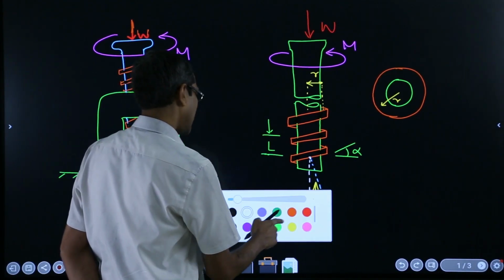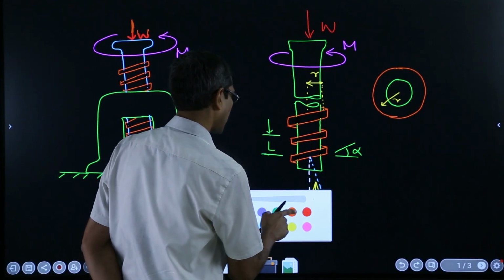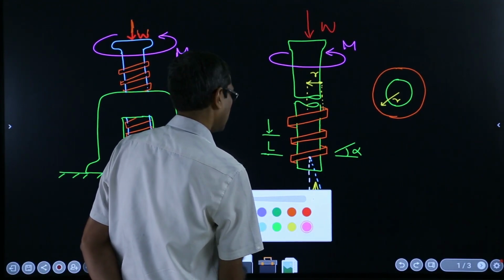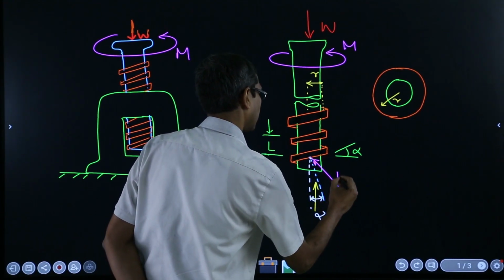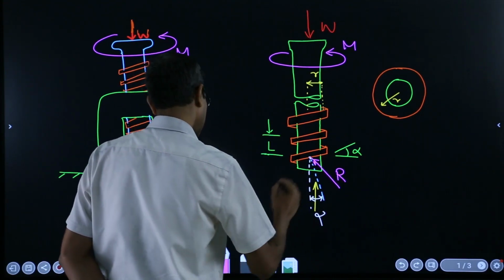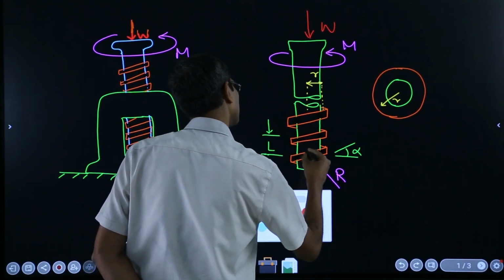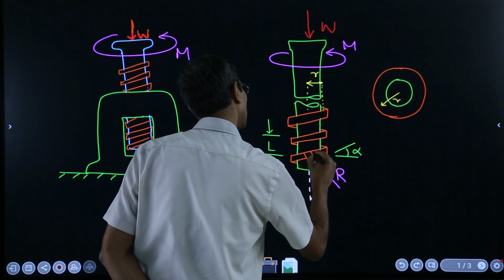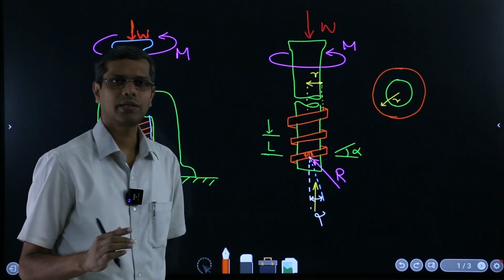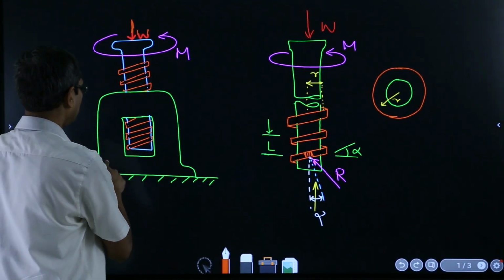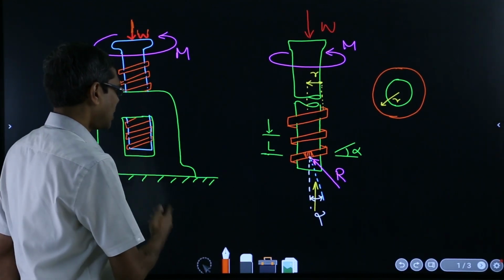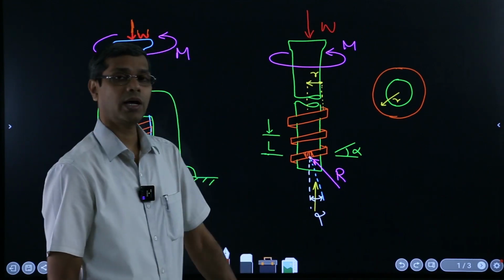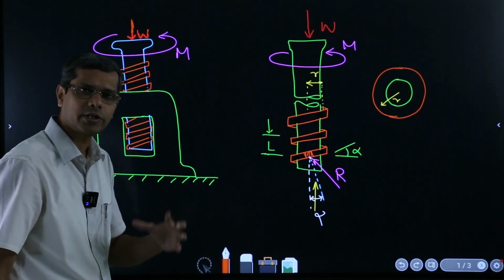And now imagine that our reaction, just consider a small segment over here, a small segment maybe here. On that small segment, the reaction that is coming from this block, that is from the ground, we are assuming that it is now just on the verge of slippage.